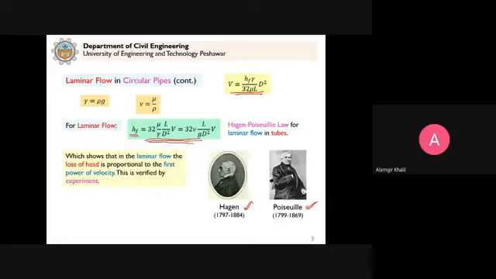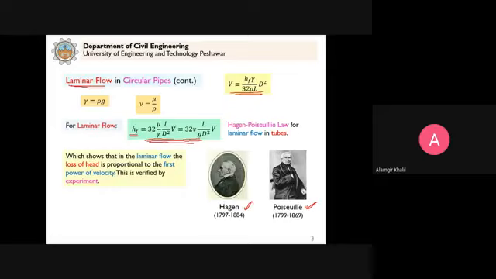As I said, you can use this equation to calculate the head loss due to friction when the flow is laminar. Clear?